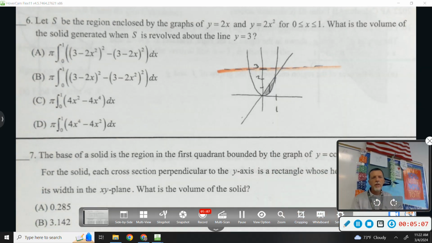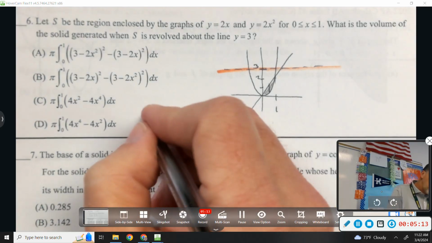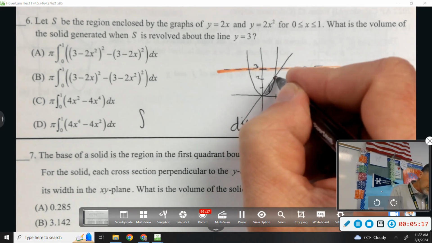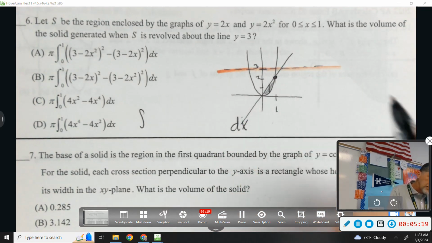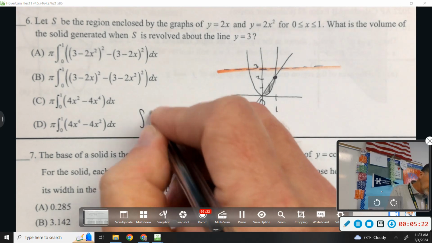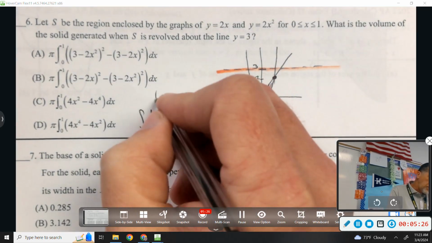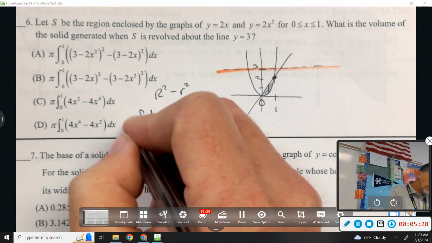So this is going to be an outside radius and an inside radius problem. All of them are dx. And they intersect at 1, so we'll go from 0 to 1. Big R squared minus little r squared.